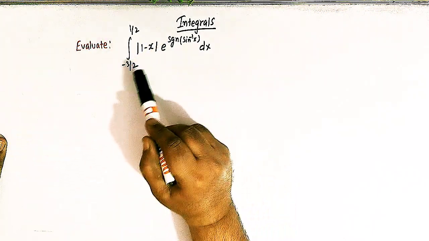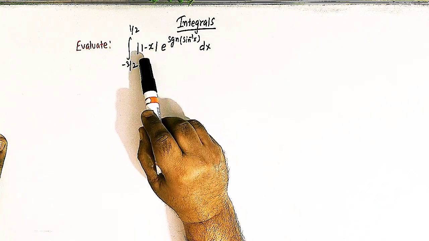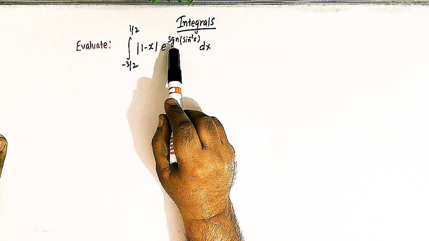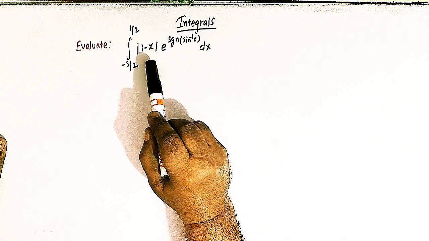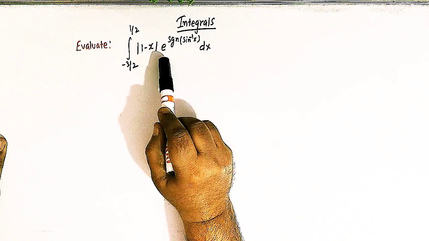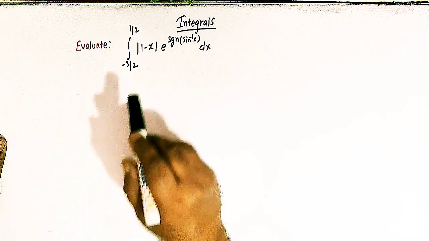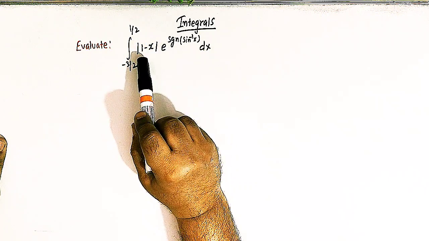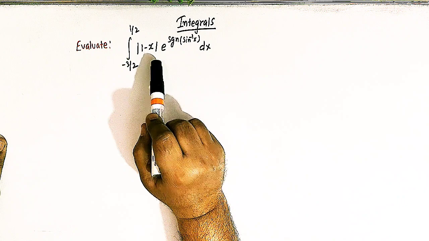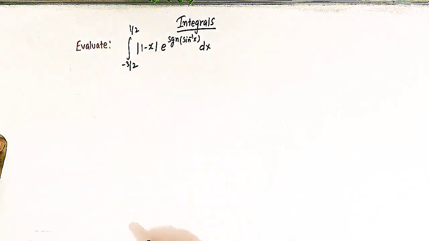Or in other words, we have to apply the definition of mod function and signum function to this integrand, so that we can simplify it, and then integrate the function, right? So let us see how we can apply these definitions along with the inverse trigonometric function.